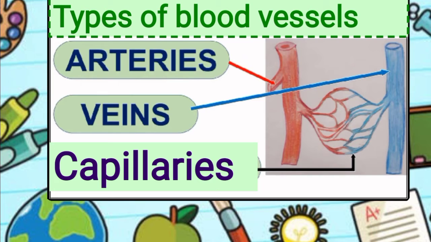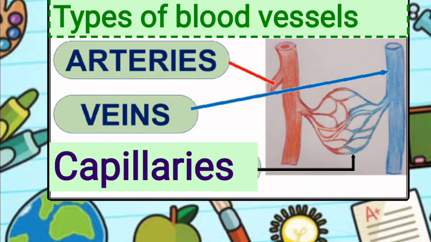Capillaries go between arteries and veins, and capillaries are quite thin. So the blood vessels are of 3 types: arteries, veins and capillaries.